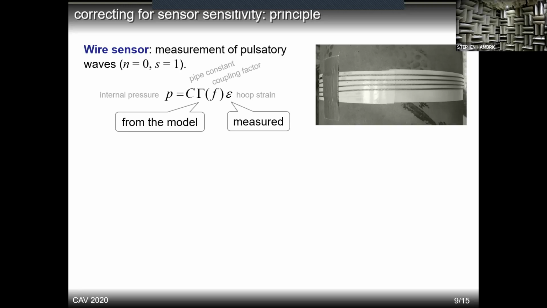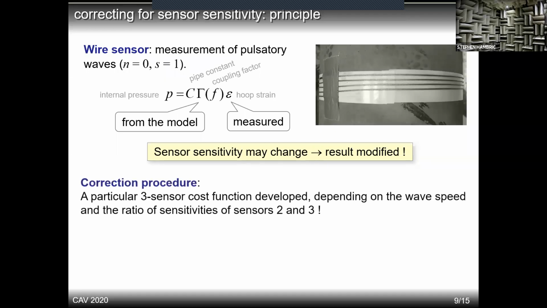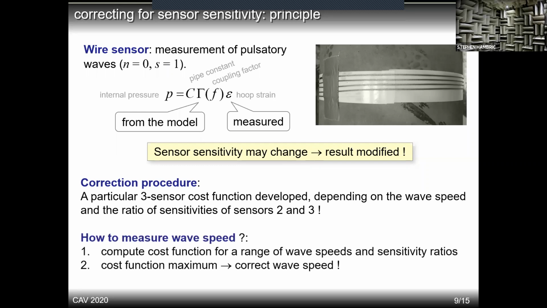This effect can be corrected using a particular cost function, which depends not only on the unknown wave speed, but in addition on the unknown ratio of sensitivities of sensors 2 and 3. Again, the maximum of this function will indicate the correct wave speed, no matter the mismatch of the sensor sensitivities.